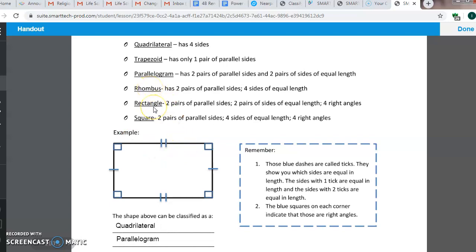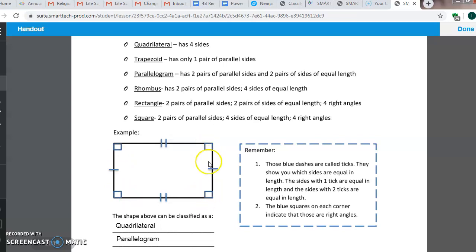Let's take a look at the definition for a rectangle. It has two pairs of parallel sides, two pairs of sides of equal length, and four right angles. So, two pairs of parallel sides, we know that we have that. Two pairs of sides of equal length, based on our ticks, we know that we have that too. Four right angles. Well, boys and girls, if you look at the corners, the vertices of these shapes, we see blue squares on each vertex.